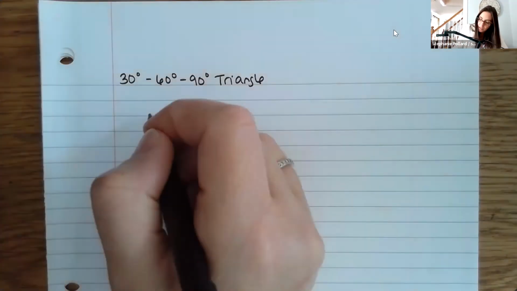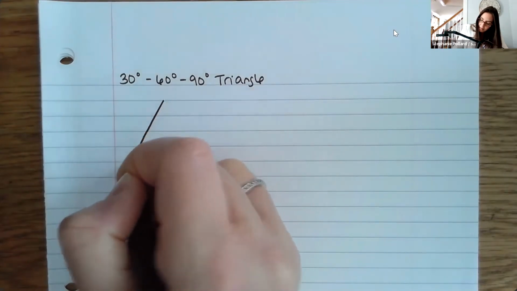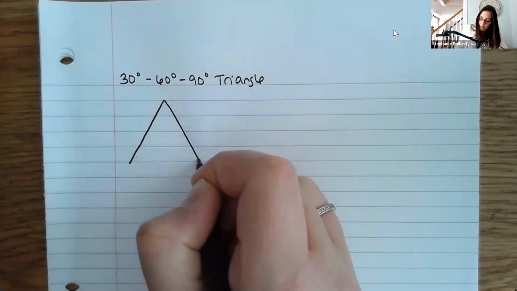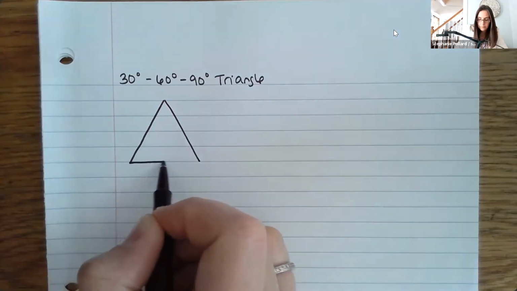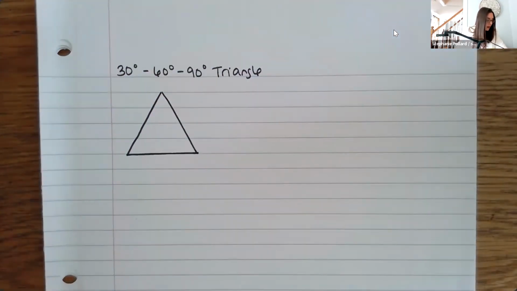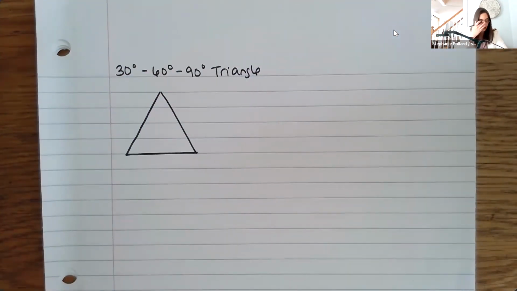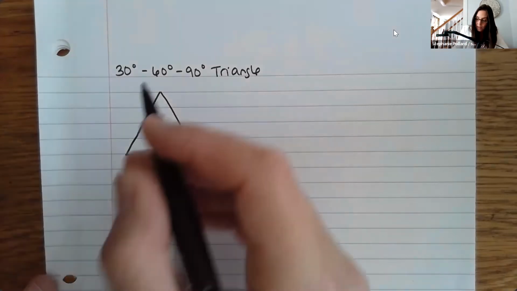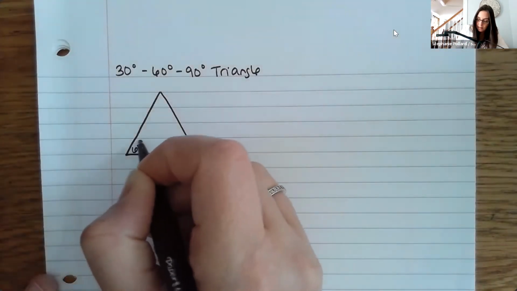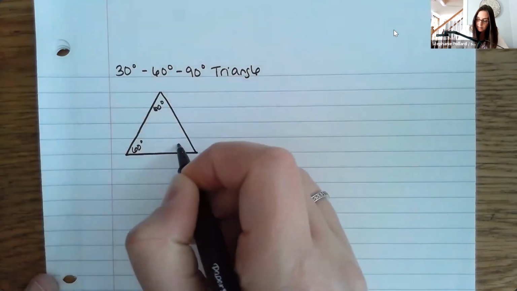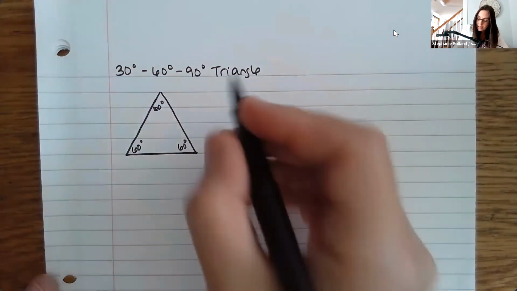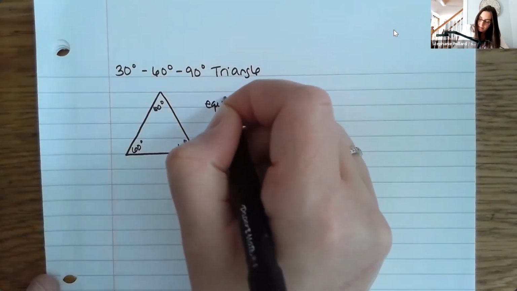This one they construct a little bit differently. So we start here with an equilateral triangle.